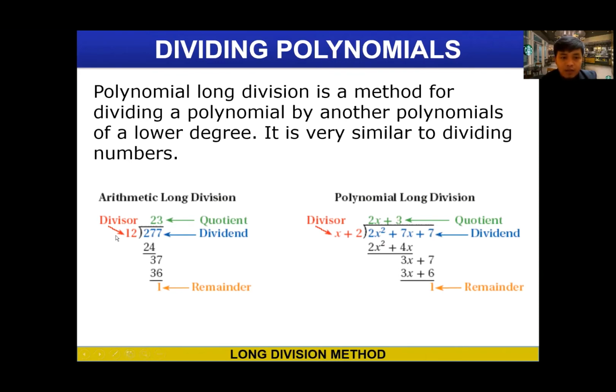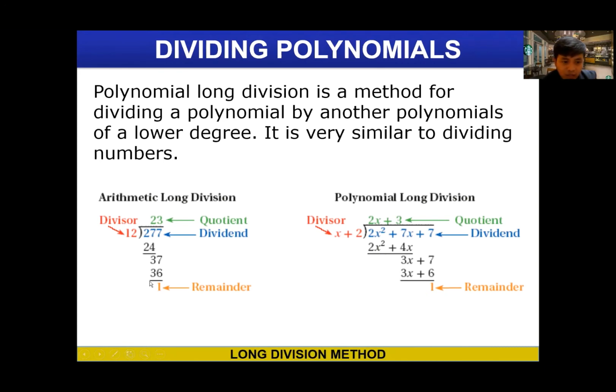As you can see, we have here the divisor, we have here as well the divisor. Quotient, here quotient. And then the dividend will be inside this long division symbol. And then we have here a remainder as well. If there's a remainder for polynomial long division, as you can see here, it is already a constant.